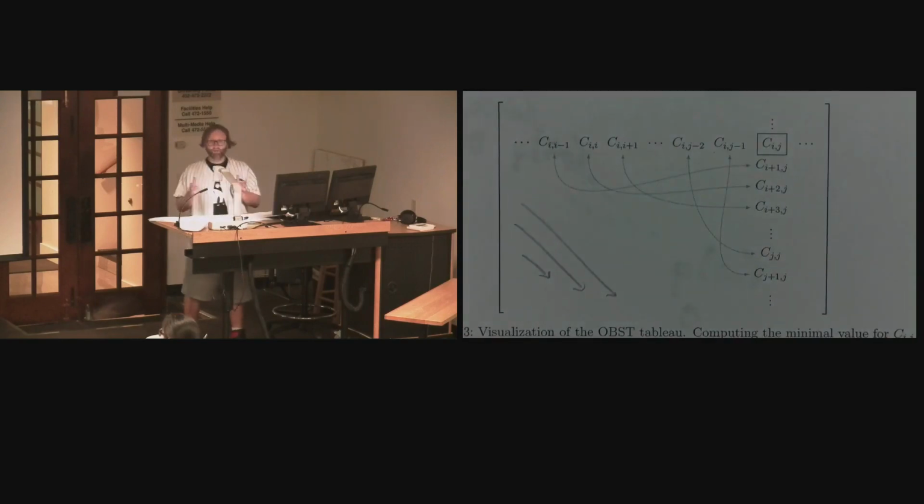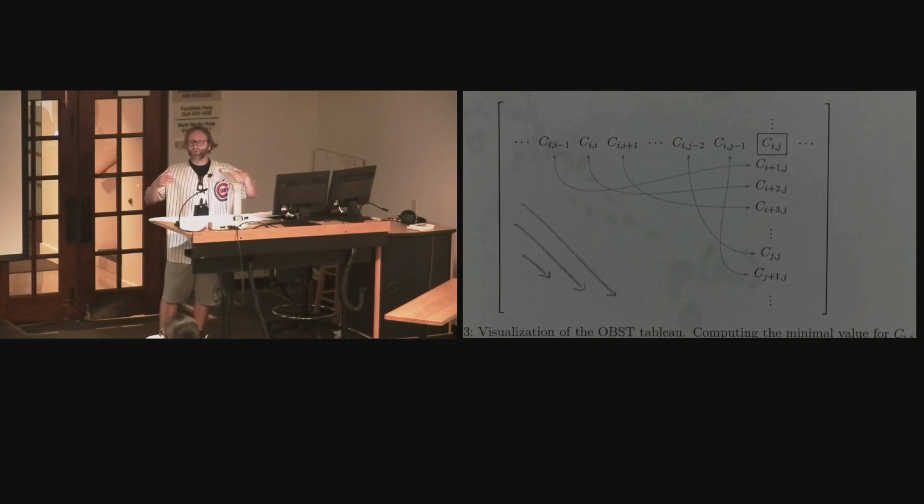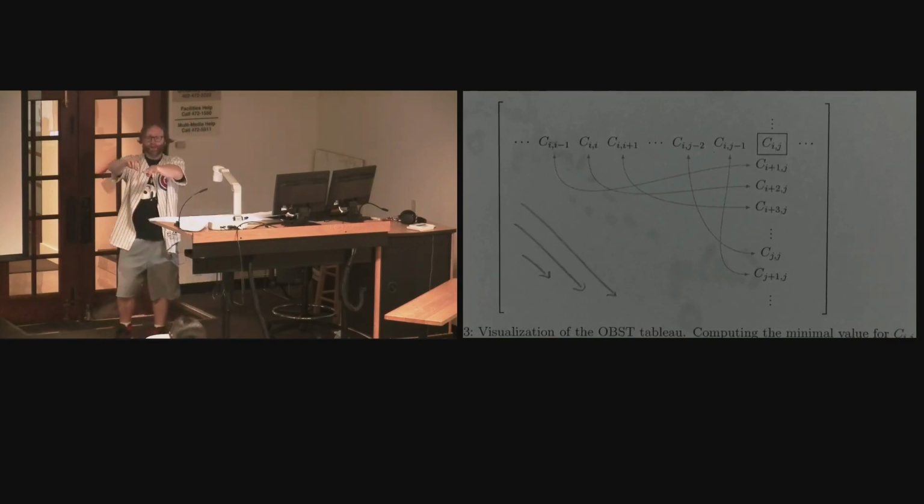To do that, I have to consider split at C sub I, C sub I plus 1, I plus 2, I plus 3, all to C sub j. Each one of those things, think about it, if I've got 4 keys here, I could promote this one up, and then these 3 keys go down here, and no keys are over here. Or I could promote up the middle one, and there's 1 key over here and 2 keys over here.